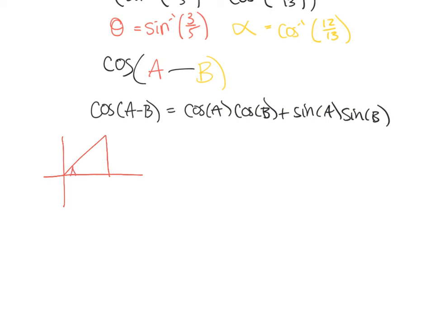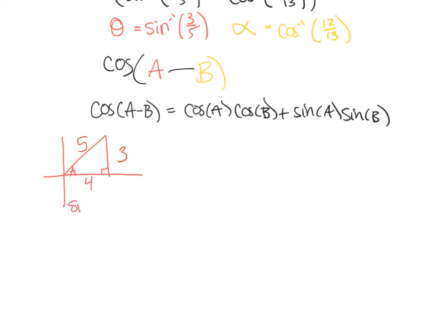Again, everything's going to be in quadrant 1. We know that our sine, which means opposite, is going to be 3. Hypotenuse is going to be 5. If we use our Pythagorean theorem, or if you just know your Pythagorean triples, you know this side here will be 4.